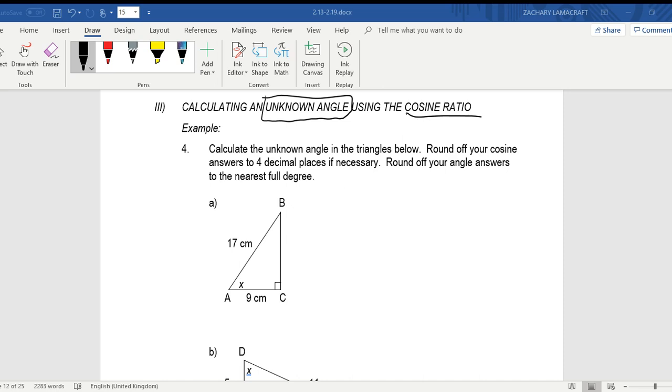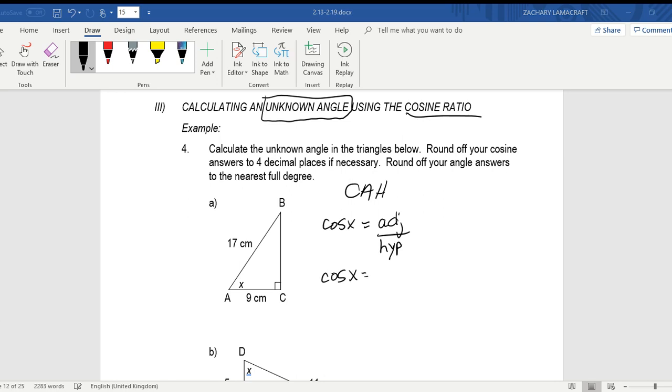So if somebody can type in the chat, what is the acronym we're going to put at the top of our page here for this particular example? Awesome. So CA is what we need to remember, and that stands for cos x is equal to the adjacent side over the hypotenuse.